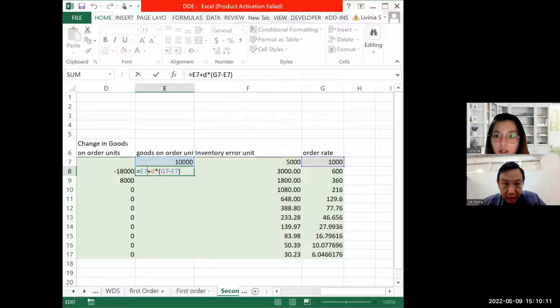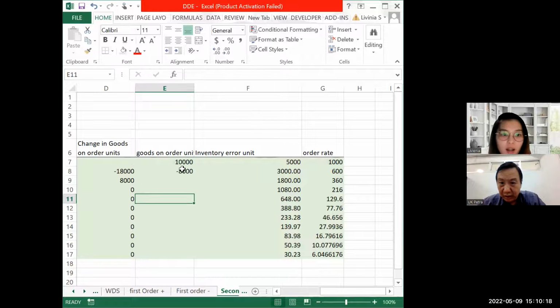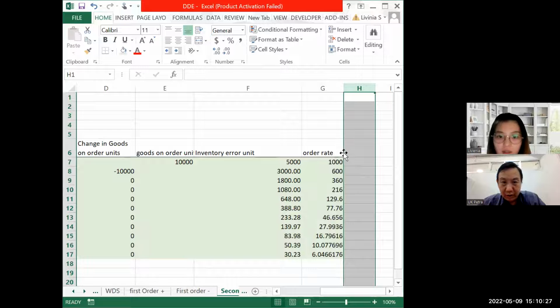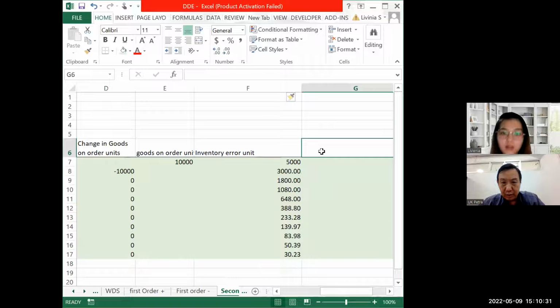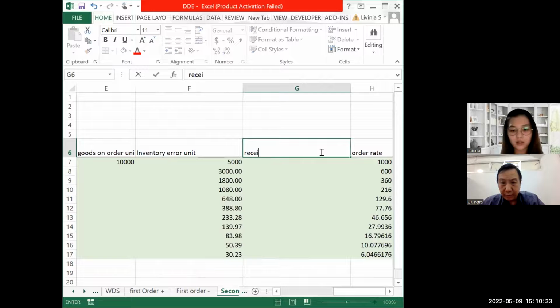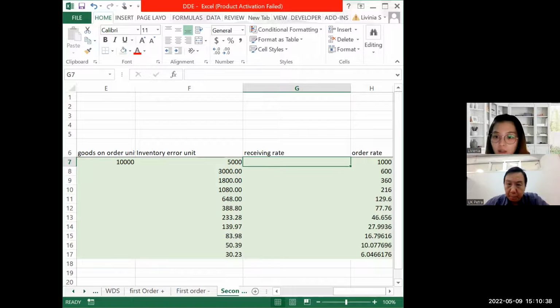Oh, you did not make the receiving rate yet. That one is actually receiving rate minus the order rate, right? So you need to create the receiving rate first. The receiving rate is just based on the formula given.